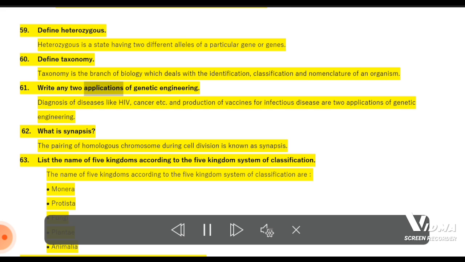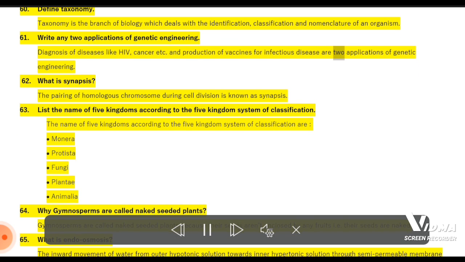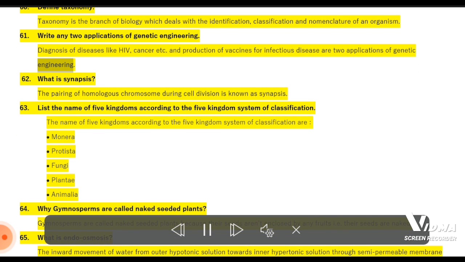61. Write any two applications of genetic engineering. Diagnosis of diseases like HIV, cancer, etc. And production of vaccines for infectious disease are two applications of genetic engineering. 62. What is synapsis?